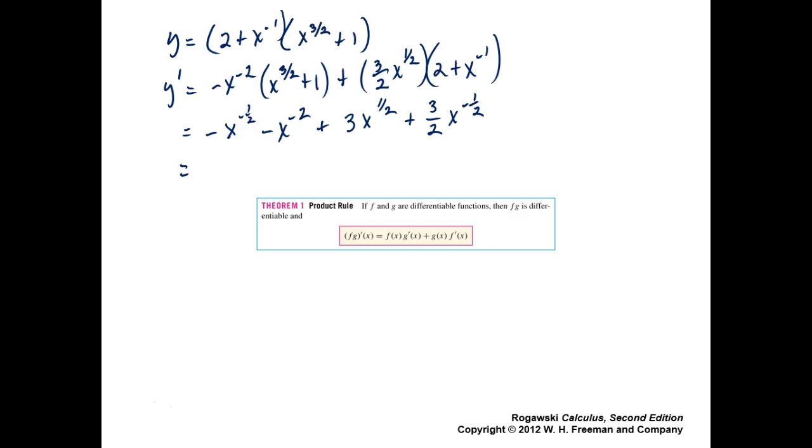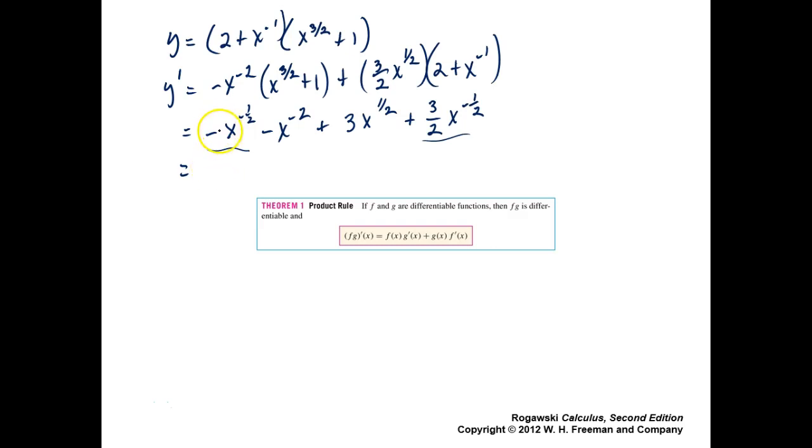So, like terms. And what like terms do you see? Ah, yes, those are like terms because they have the same variable at the same power, okay? And those two combined give us, I don't think it's negative.